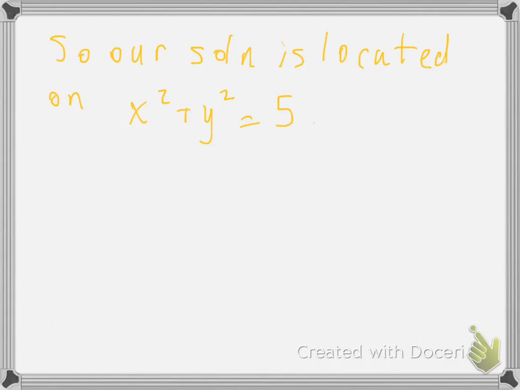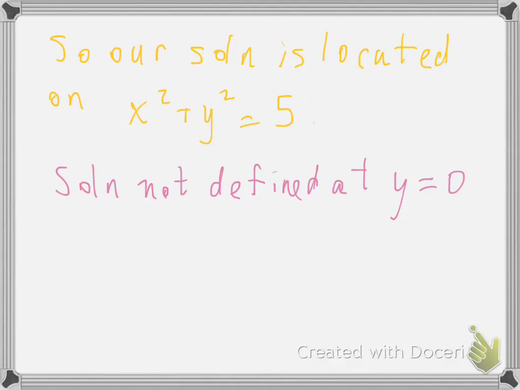That's the first thing. Second thing is that our solution is not defined at y equals 0. If we go back to the differential equation, the right-hand side was minus x over y. That function is not defined at y equals 0. So remember from our existence and uniqueness theorem, that means that our solution can't possibly be defined there.